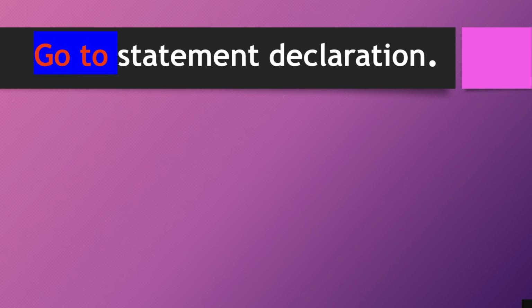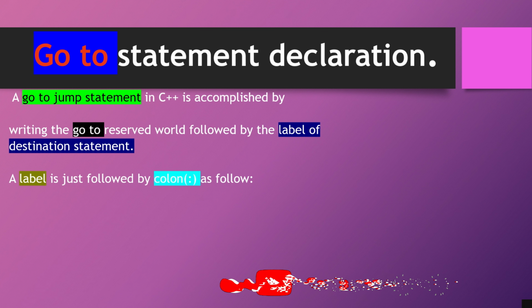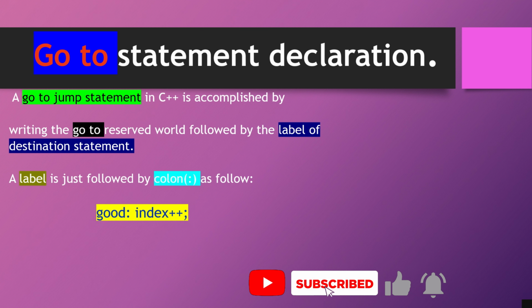Simply, when we declare the jump statement in C++, it is accomplished by writing goto as a reserved word followed by the label of destination. Then in this case, the label is just followed by a colon as follows here. For example, here you see a label, colon, then index.